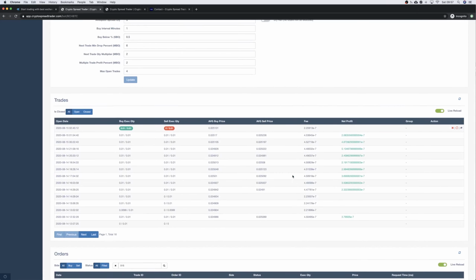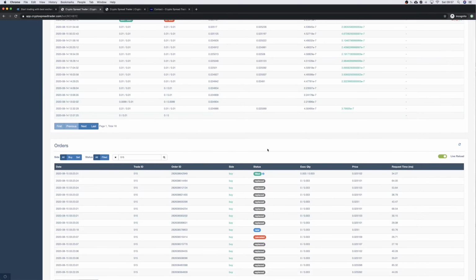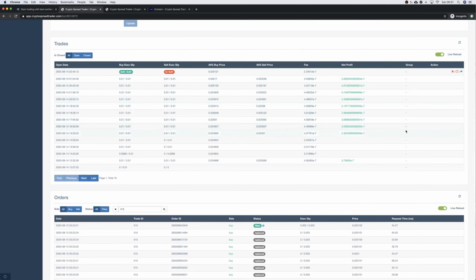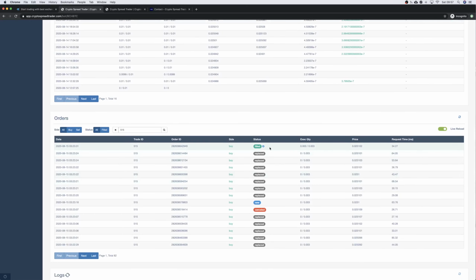Now, last thing: when you have multiple orders, it creates a group. If you hover on the group, you will have the average buying price, which is the break-even price of the group, and overrides the individual average buy price. You have a fee here, you have a request time in milliseconds.